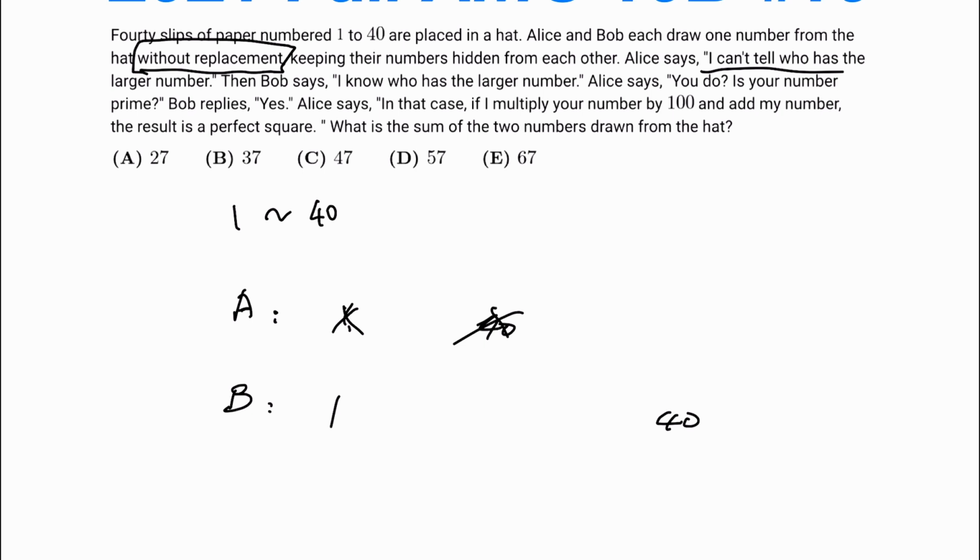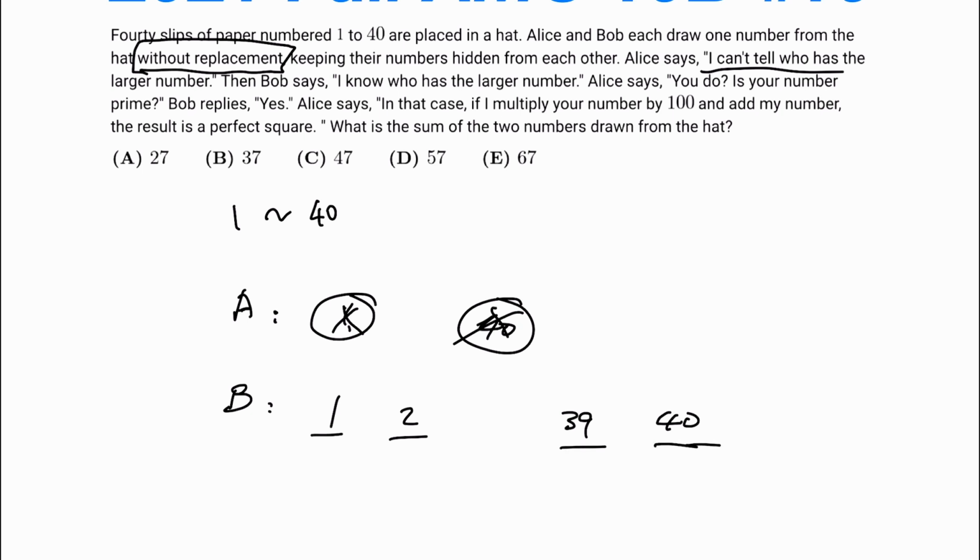But since Bob now knows that Alice does not have 1 nor 40, which means that he can also have 2 or 39. If he has 2 and he knows that Alice doesn't have 1, then Alice's number must be larger. And same logic applies for 39. And that's the only 4 numbers that Bob could have.